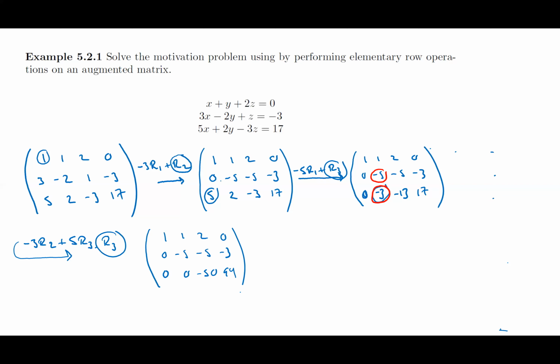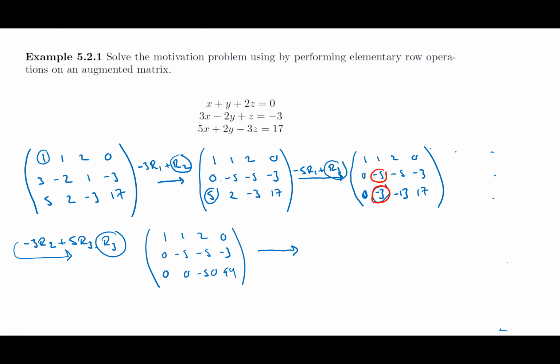At this point, I know what Z is, or at least I can almost find it. And I could then find Y and then X, okay? So let's do just that. To do that, I'm gonna make my life a little simpler to start.